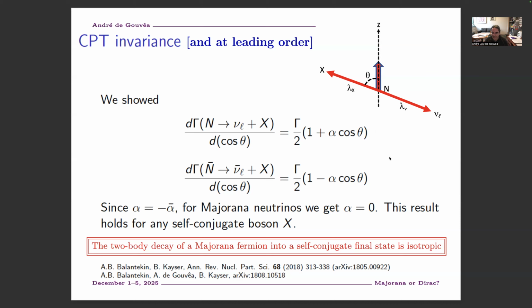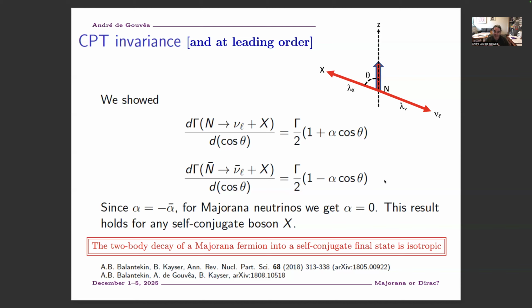And the statement I just made can only be correct if this alpha coefficient is exactly 0 for Majorana fermions. And that turns out to be the case. So what this means is, if I can observe neutrino decay of this type, if the neutrino is a Majorana fermion, the decay must be isotropic. It's not optional. It has to be an isotropic decay.